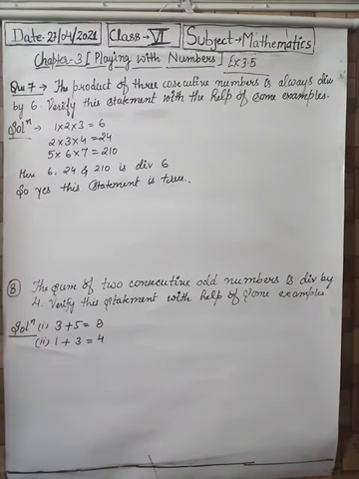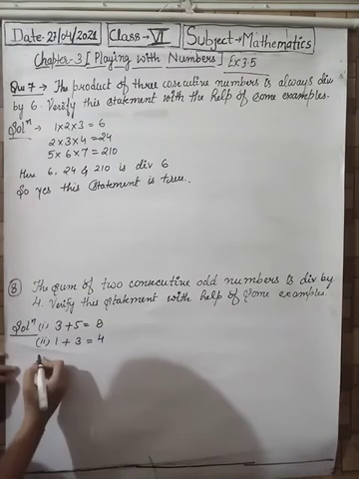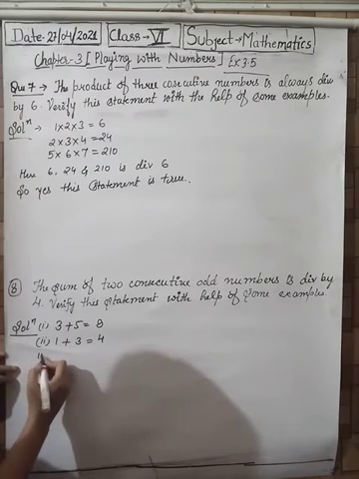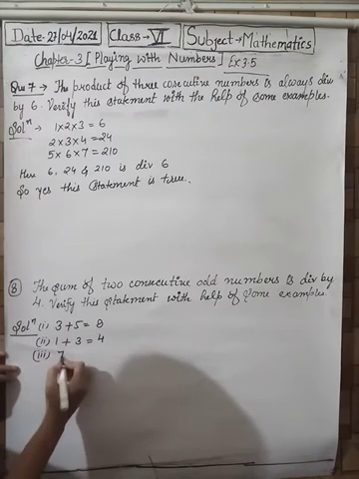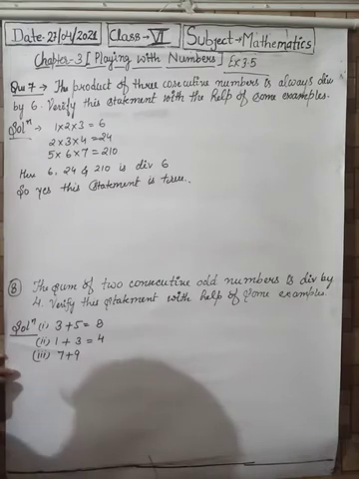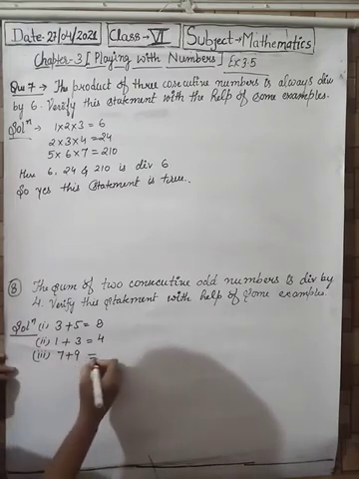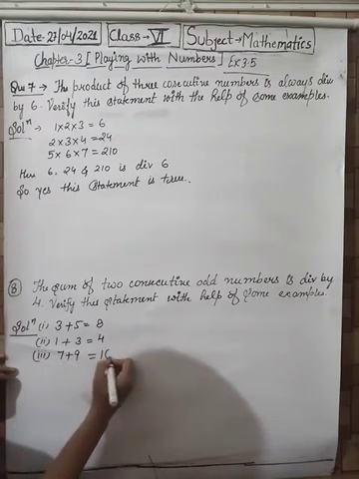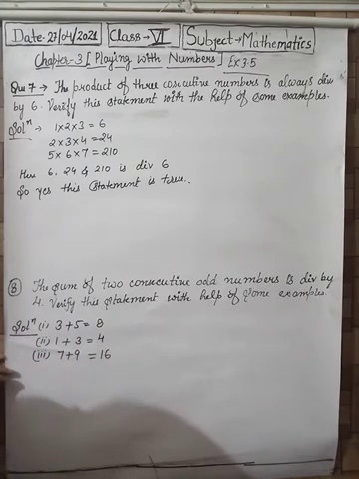And next, let's take another example. Let's take 7 plus 9. 7 and 9 are consecutive odd numbers, which is equal to 16. 16 is also divisible by 4.